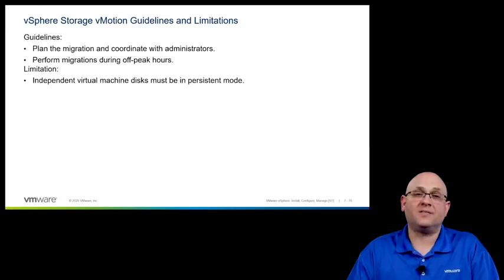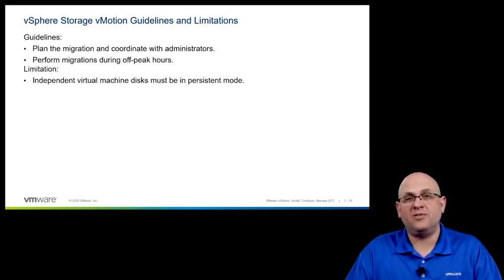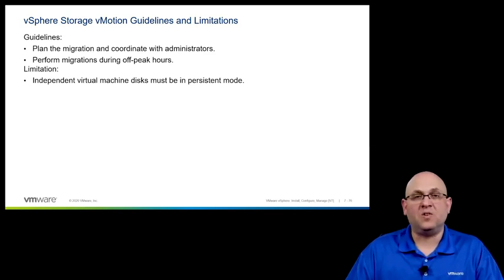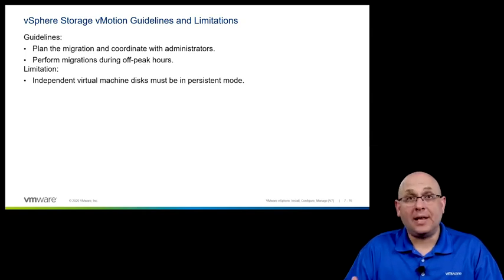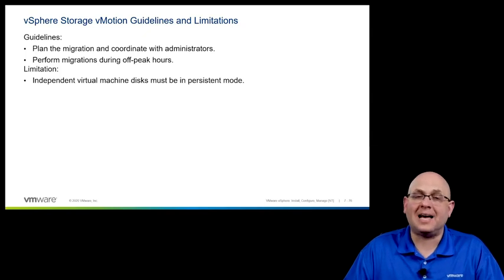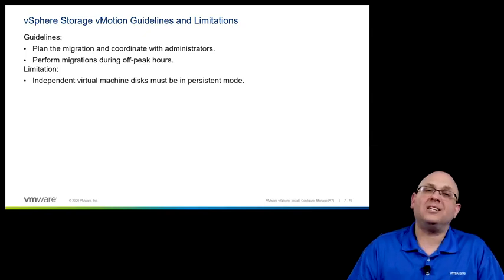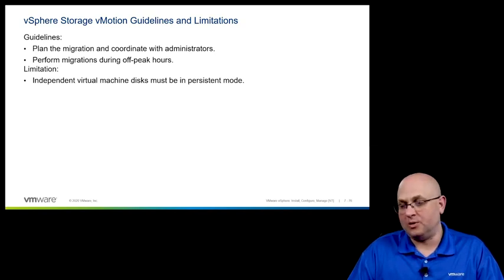So guidelines for this. First of all, understand when you are executing a storage vMotion, whether or not you're going to be using the storage network or you're going to be using internal mechanisms within your array. Okay? Plan accordingly. Right? If you are using the storage network, it'll likely saturate that storage network. Try to choose some sort of off-peak hours in order to do that.